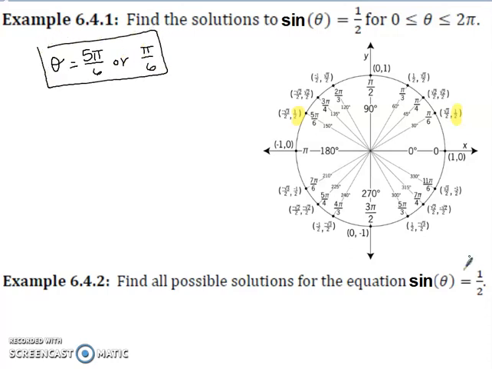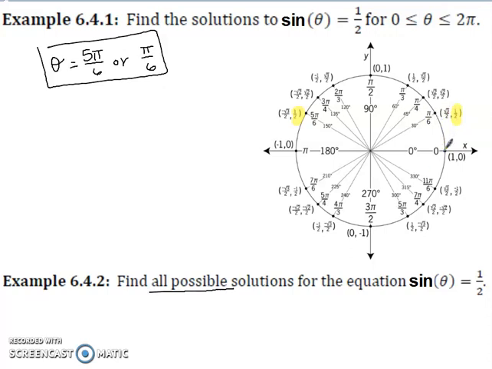In our next example, what we're looking at is finding all possible solutions for the equation sine of theta equals 1/2. So what I'm looking for is on any interval, what possible angles or theta measures would give us a sine of 1/2. So if I see my first sine value at pi over 6, what I can do is rotate pi over 6 radians, and that would land me at a sine value of 1/2.